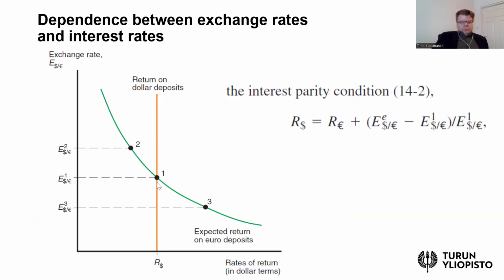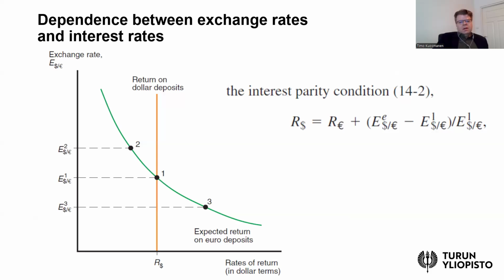So in point number one, for example, if the European bond and American bond yield the same rate, this E1 refers to a situation where there's no change in the currency exchange rate. Case number two refers to a situation where the European bond has a lower rate of return.